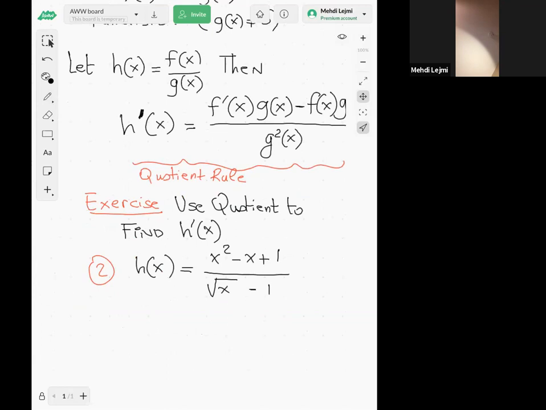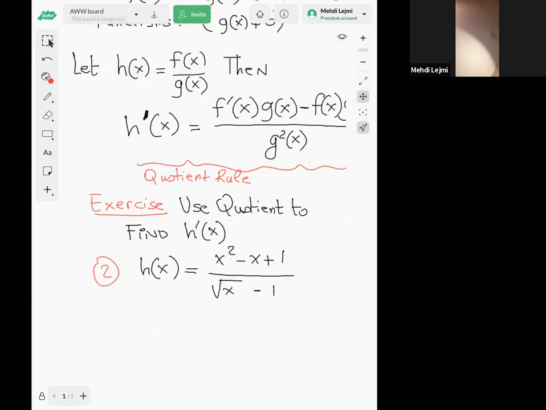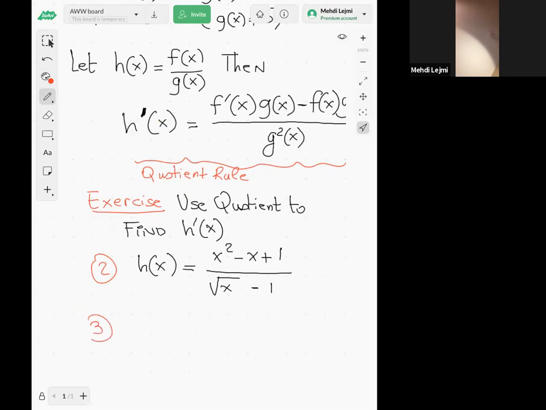The third one, number three, h of x was 2 plus x over the third root of x, third root of x plus 1, right? So we have to compute h prime of x, using the quotient rule.